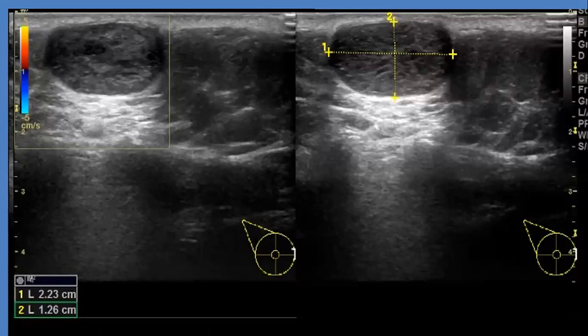And what's your diagnosis? It's a skin lesion, so my differential will be a skin lesion or a lesion that is not in the breast parenchyma.